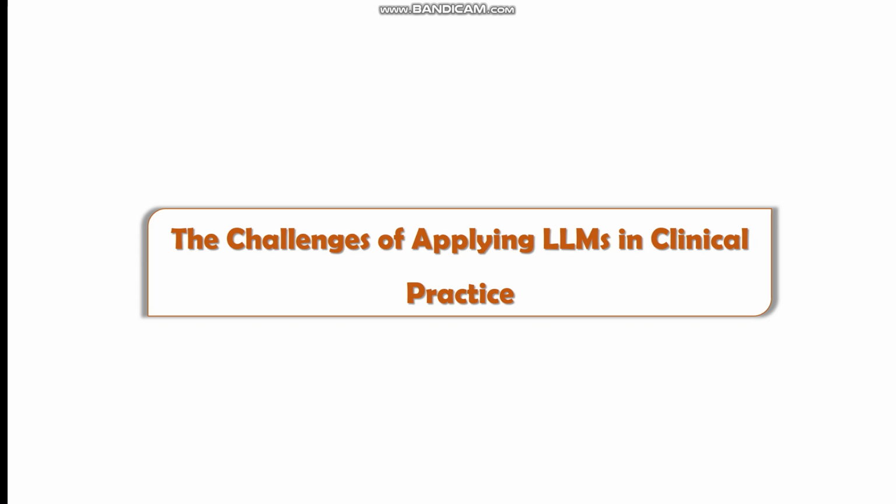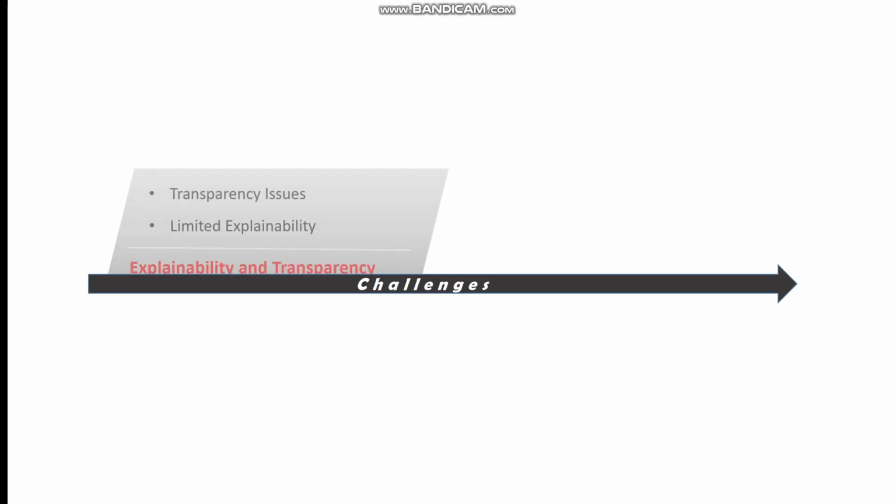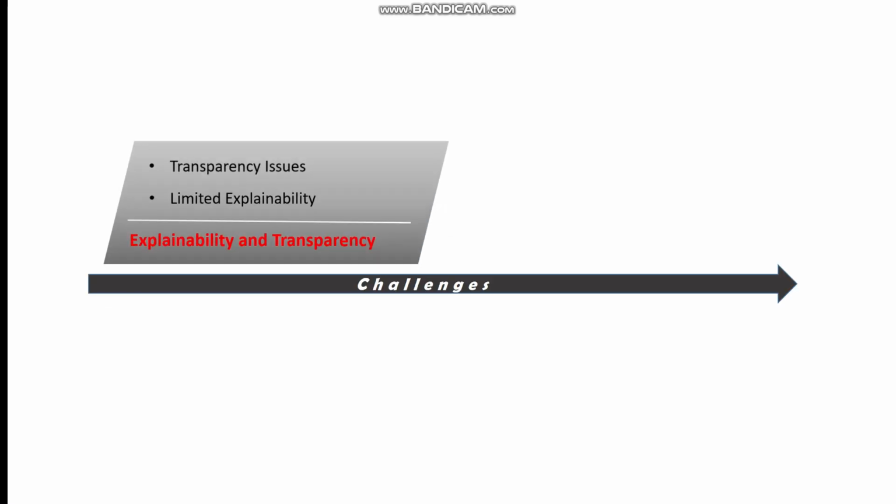Finally, when it comes to real-world use, large language models in clinical practice still face several important challenges. First, there is the issue of explainability and transparency. Clinicians need to understand how and why a model makes a decision. Without that, it's very hard to build trust or encourage adoption.